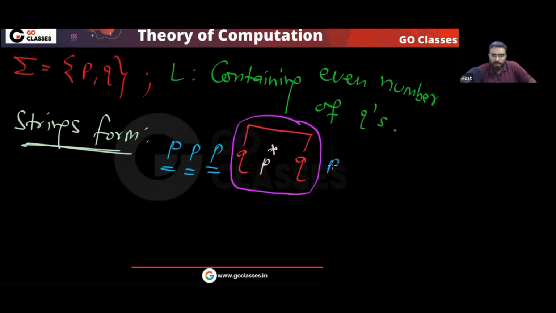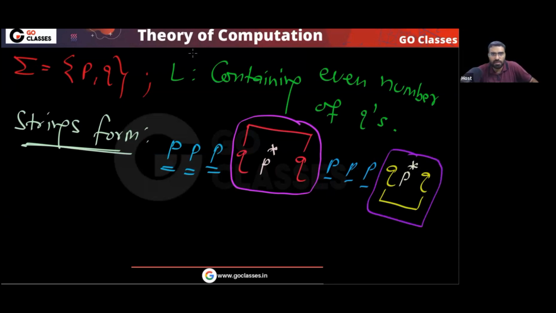Now again, what can happen? Again, P's can come. Again, if another Q comes, then that will come as a family, and in between any number of P's can come. Can I put this in a box? Can you notice where I'm going?